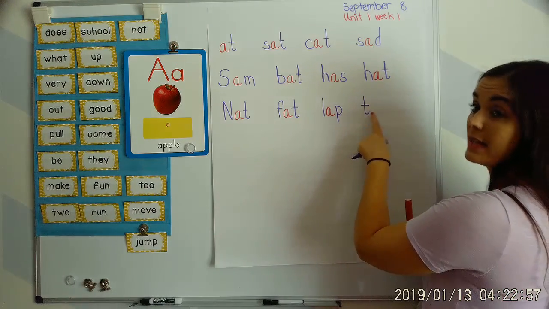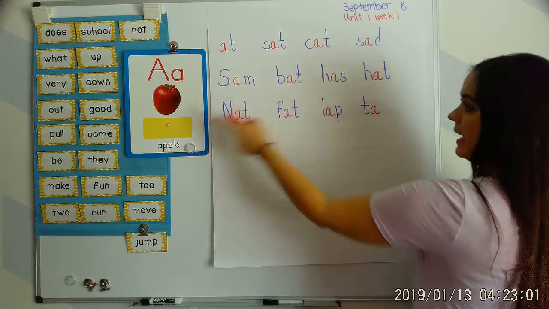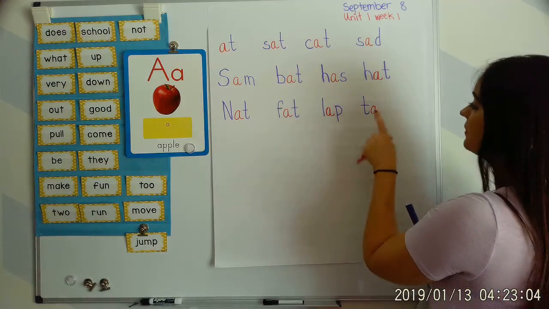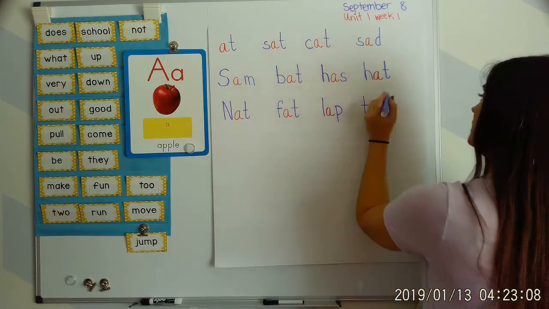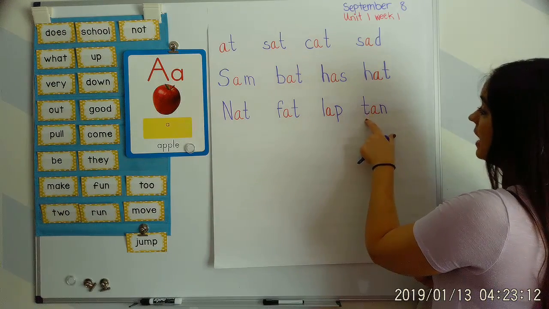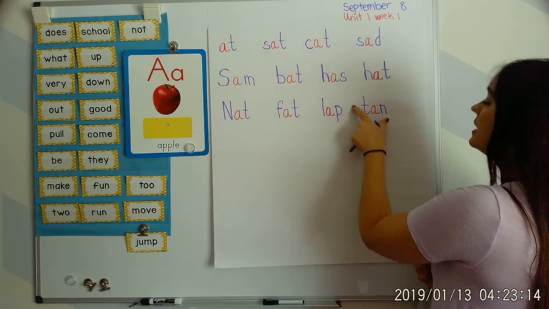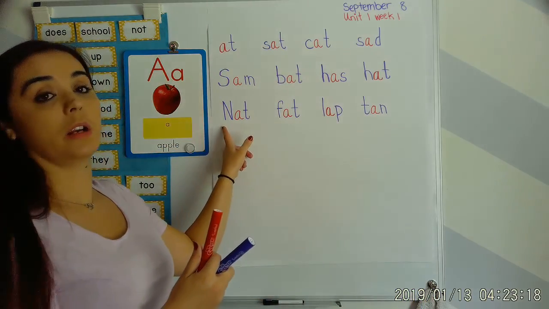So here's T says t. A says a. N says n. Tan. Excellent. Let's go ahead and read this line. First word, gnat.